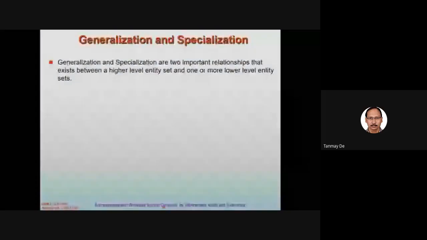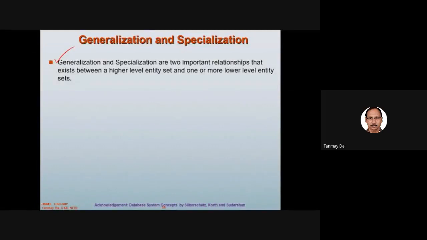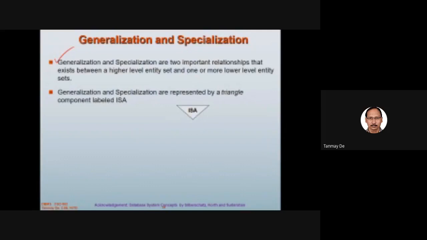That is, they are used to relate the higher level entity set with the lower level entity set, and they are represented by a triangle with the label 'is a' inside it. Both are represented by this symbol and this keyword, is a.